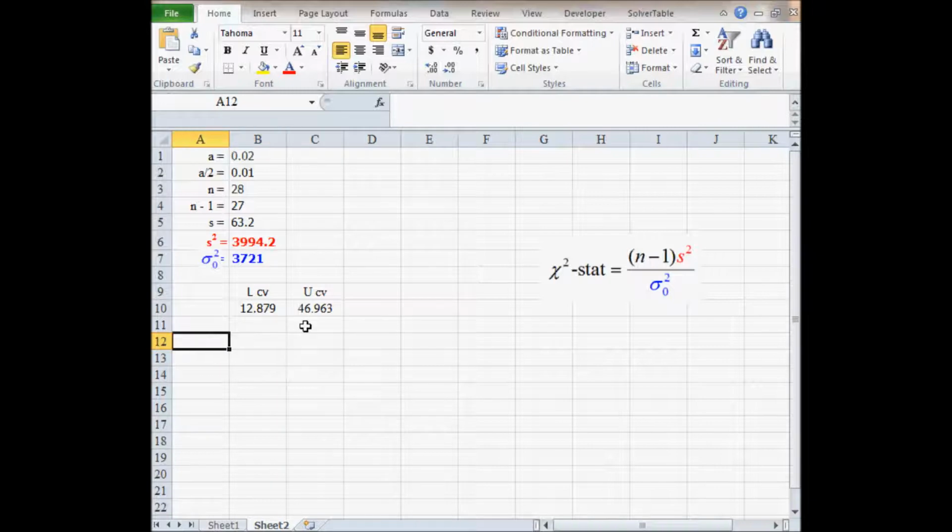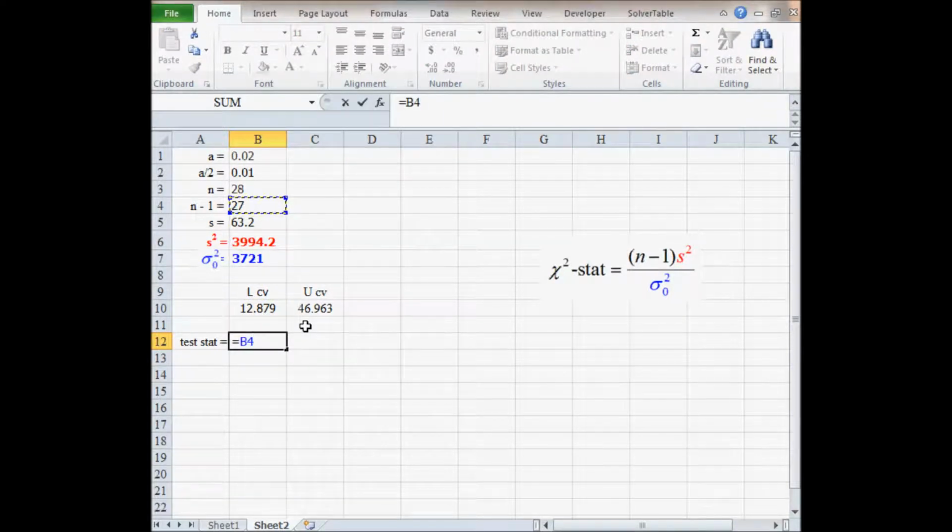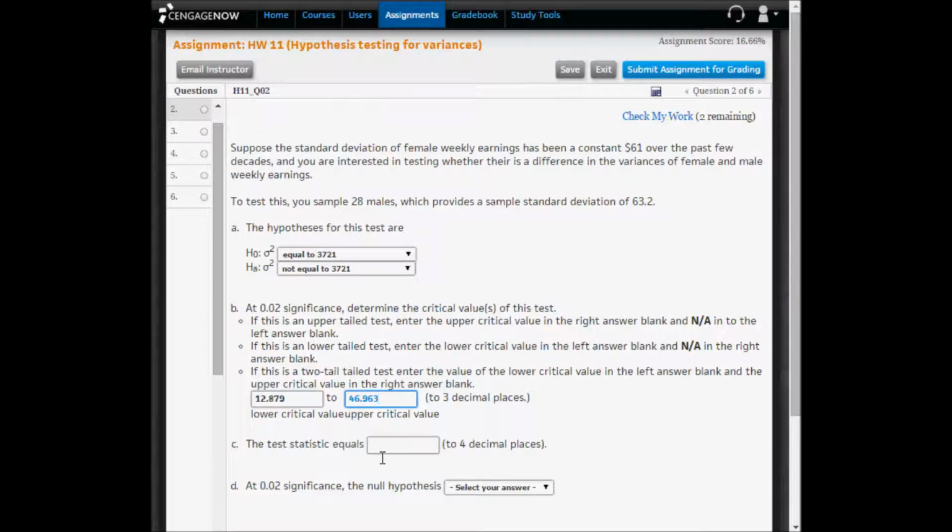So, moving on, the test statistic, I'll call it test stat. It equals the degrees of freedom, in this case 27, times the sample variance for males, divided by the hypothesized male variance, which equals, in this case, the pretty steady female variance over the last few decades. So the test statistic is 28.98266. Reduce it to 4 decimals, and we paste it into CengageNOW.